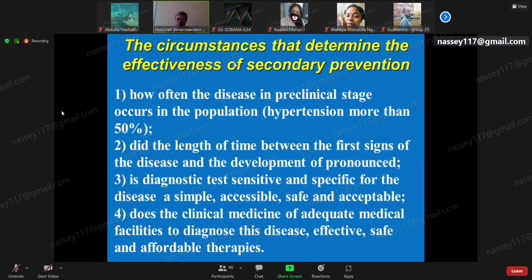The next element for analysis of effectiveness is the diagnostic test which we will apply for disease detection. Is this test sensitive and specific for this concrete disease? And is this test also simple to perform at the outpatient level, accessible, safe, and acceptable?